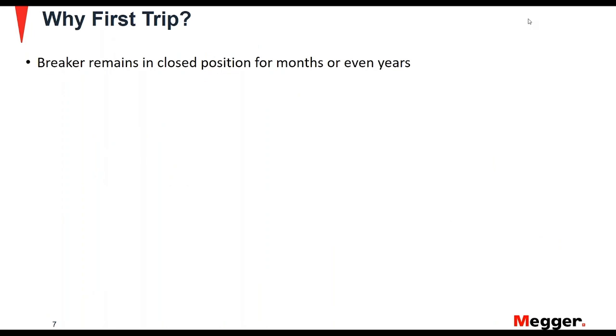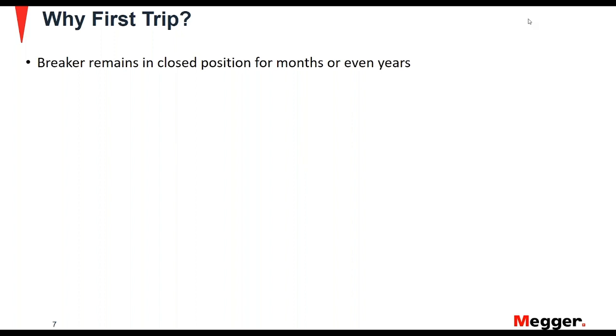Maybe some rust happens to their mechanical parts, or some dust, or the lubrication got a little stiff or hardened, so that the first time you open the breaker, these conditions get shaken up and the breaker returns to its original or specified way of operation.